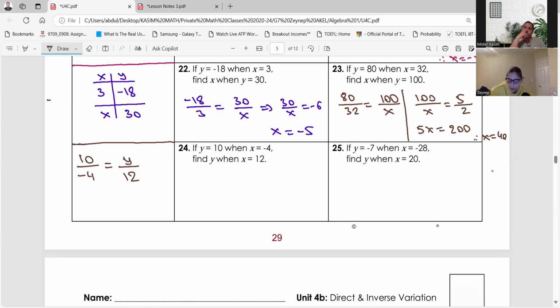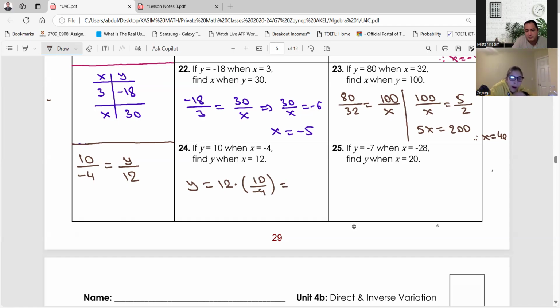You just multiply both sides by 12. So y will be equal to 12 times 10 over -4, right?